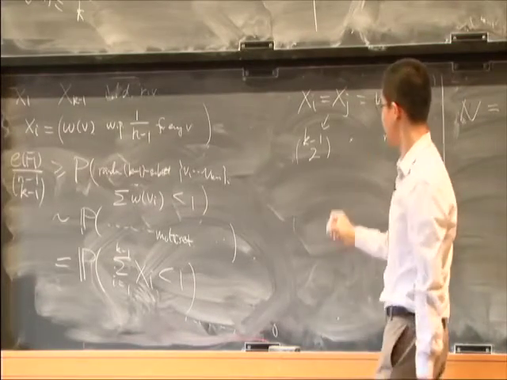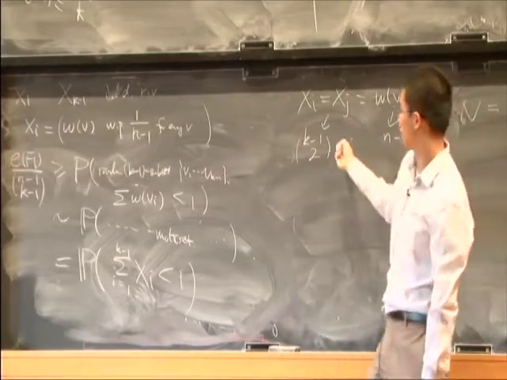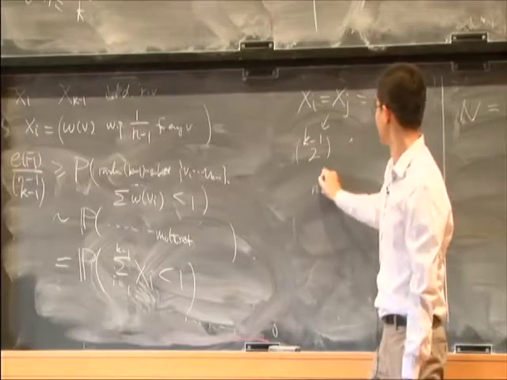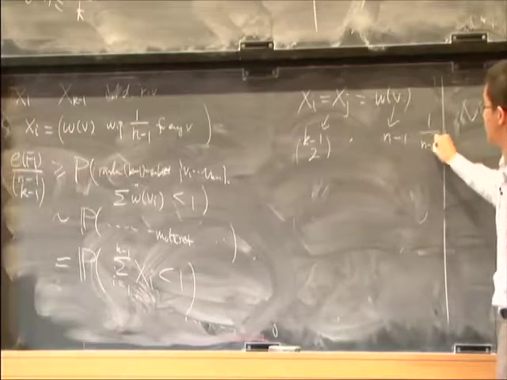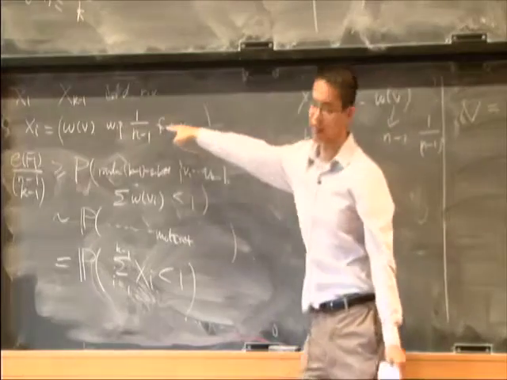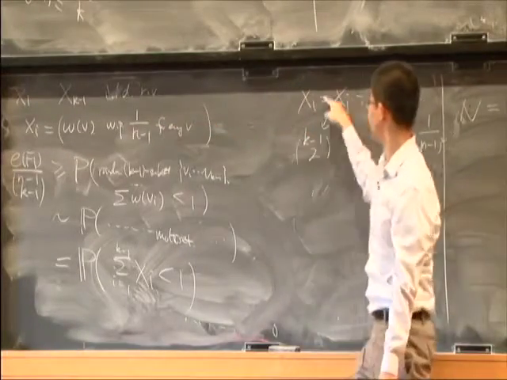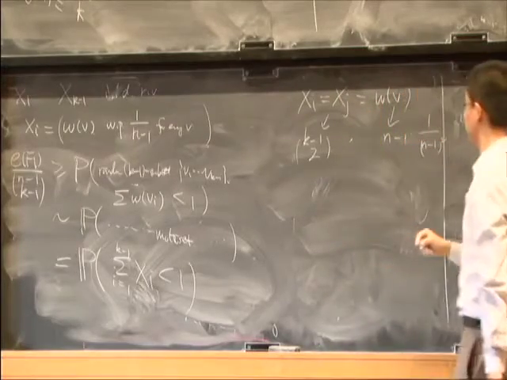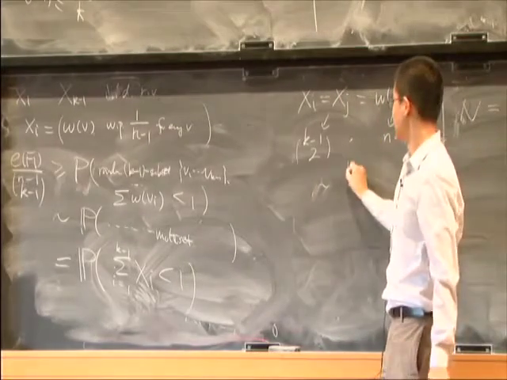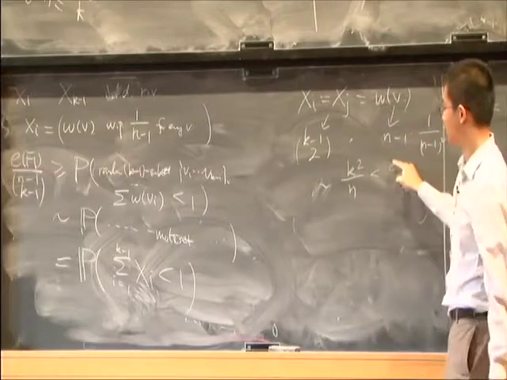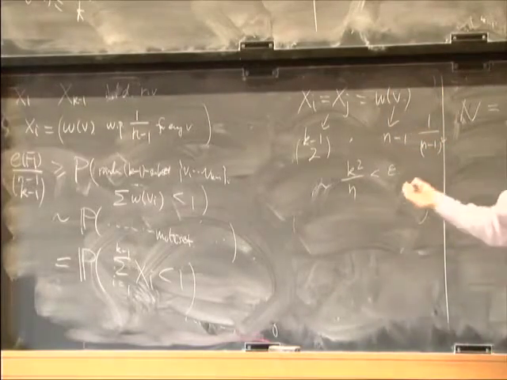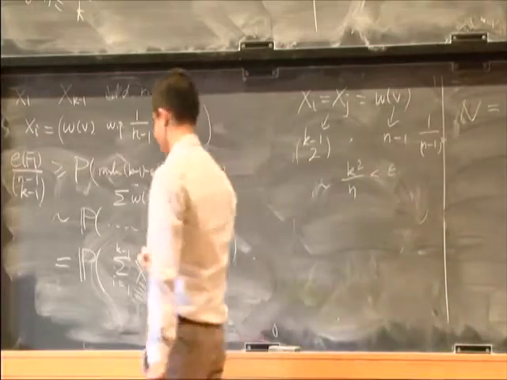So if you multiply them, and when n is sufficiently large, I also need to multiply the probability 1 over m minus 1 squared, because this is the probability that they are both equal to a certain weight. So if you look at this, it's like k squared over n. When n is quadratic, this is smaller than some small constant. It's not epsilon, it's 1 over 33 or something.